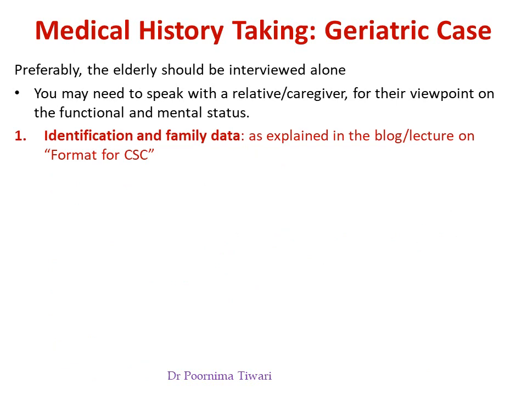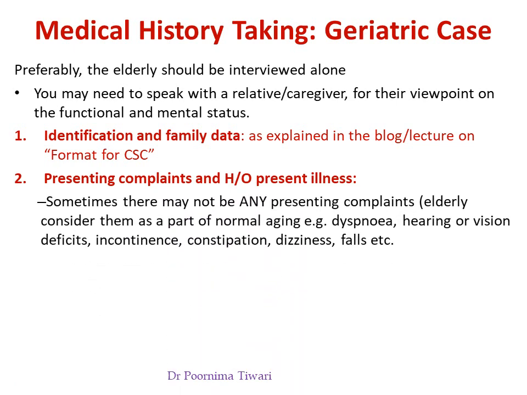The first, identification and family data, has already been explained in the lecture as well as blog on format for clinico-social case taking. The presenting complaints and history of present illness. Sometimes the elderly may not have any presenting complaints because the elderly may consider them as a part of natural aging.